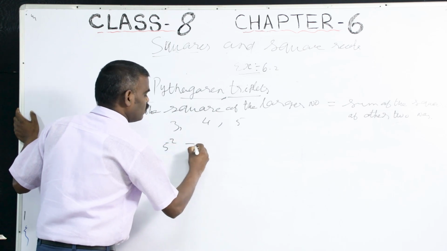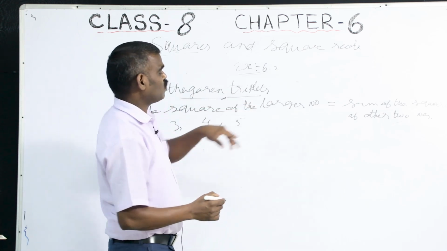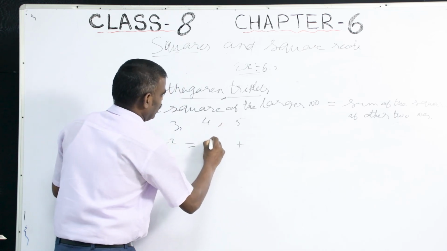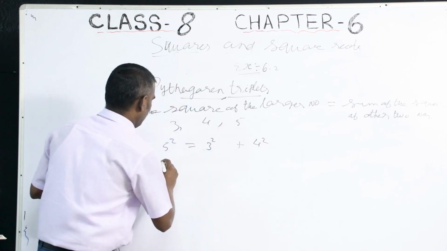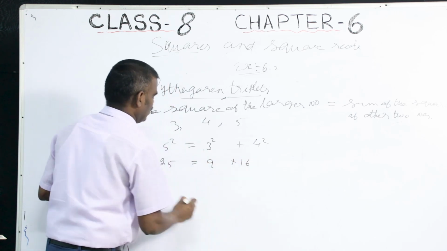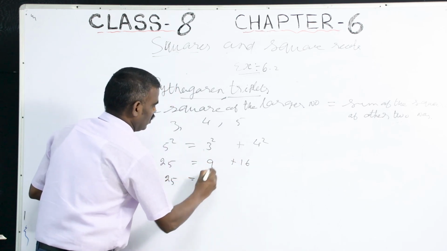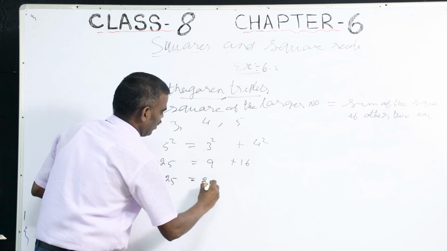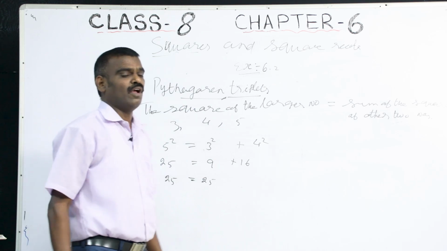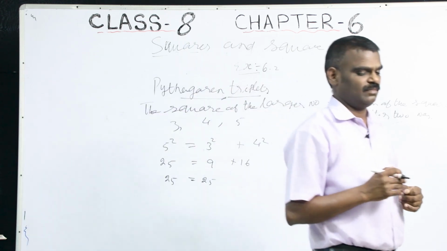So 5 square should be equal to the sum of the squares of the other 2 numbers, 3 square and 4 square. 5 5s are 25. 3 3s are 9. 4 4s are 16. 25 equals 9 plus 16, how much? 25. Yes. That means 3, 4, 5 is a Pythagorean triplet.